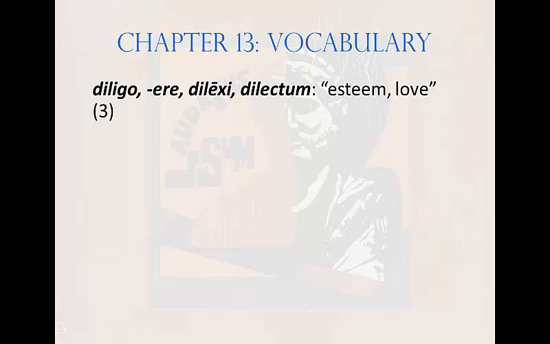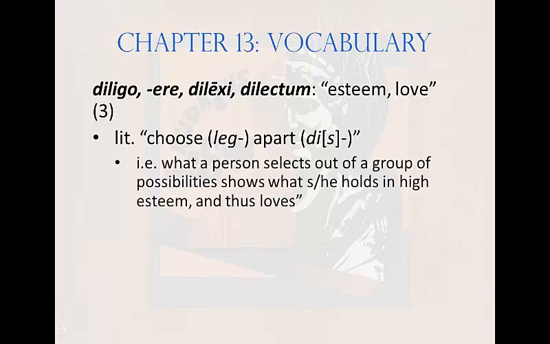The final vocabulary item on this list is deligo, deligere, delexi, delectum. It means esteem or love, and it's a third conjugation verb. It means literally choose apart, de plus lego. In other words, it signifies that a person has chosen someone or something out of a group and thus holds it in high esteem, that is, cherishes or loves it.